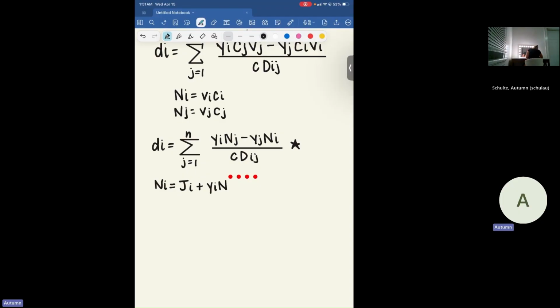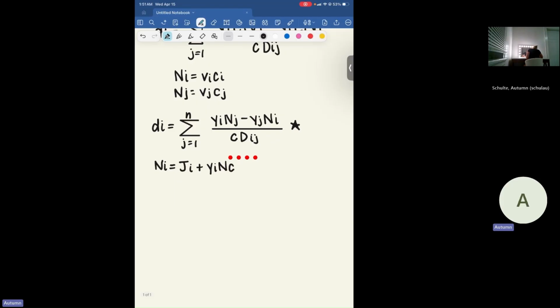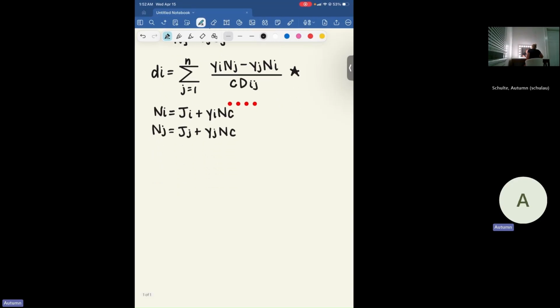So we're going to multiply this by our overall concentration. The same thing can be said for component J. The molar flux of component J is equal to the molar diffusive flux of component J plus the mole fraction of component J multiplied by the total molar flux multiplied by, excuse me, the overall concentration.